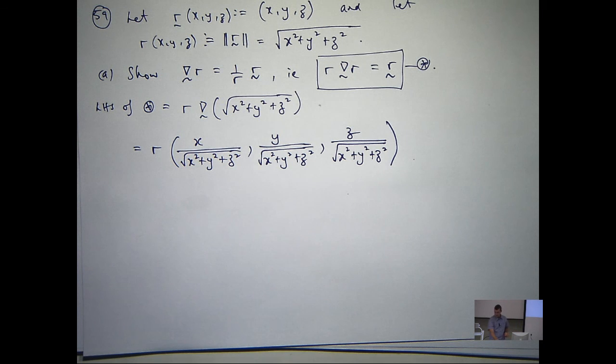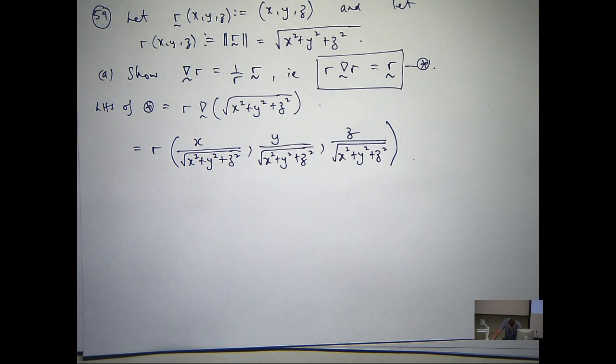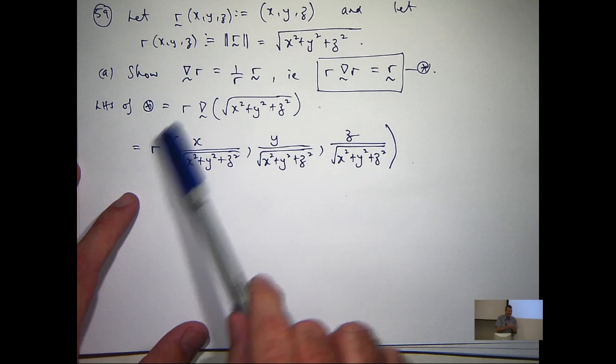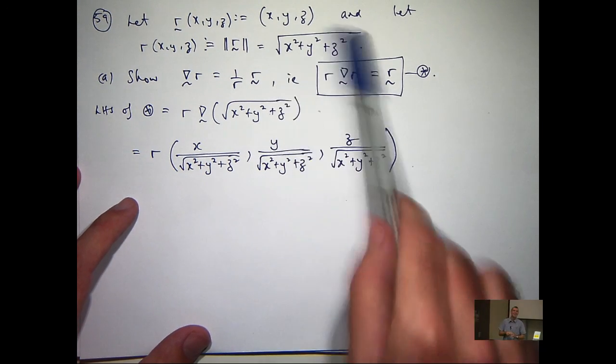Now, notice I've got a common factor of 1 on root x squared plus y squared plus z squared, so I can actually take that out the front. And what I can do is cancel with that R, because R is just the same thing. Well, it's the square root of x squared plus y squared plus z squared.